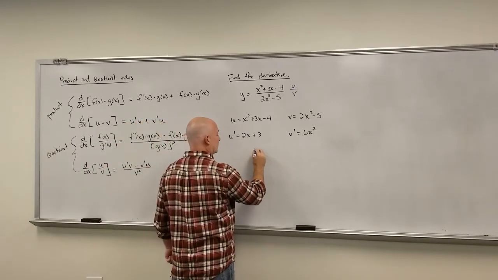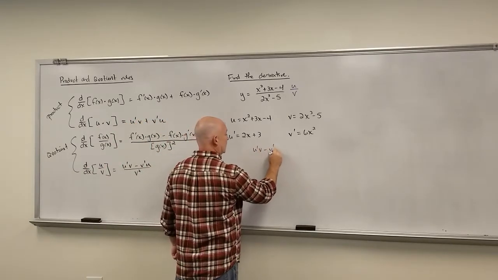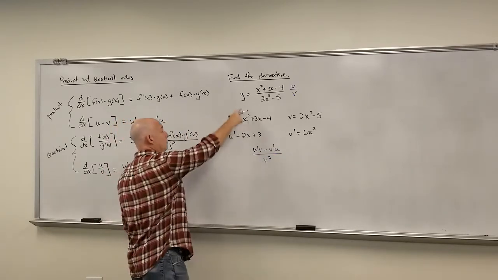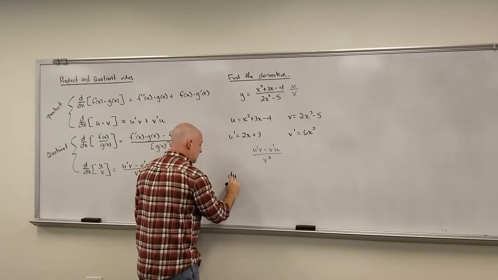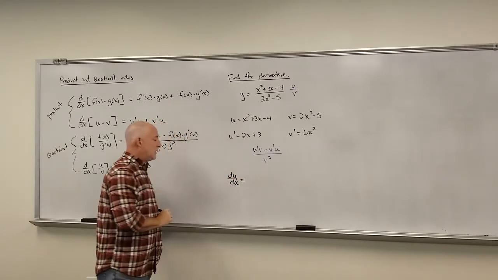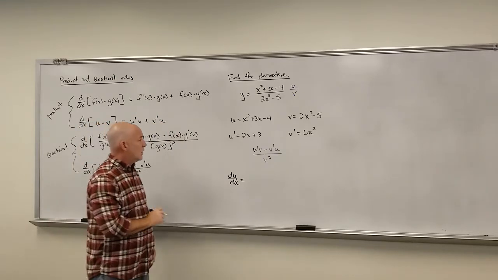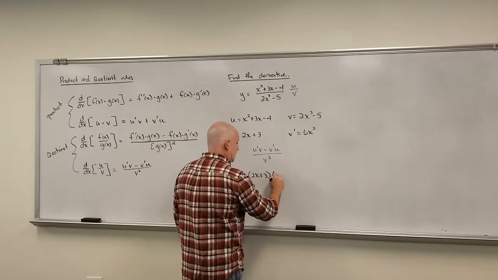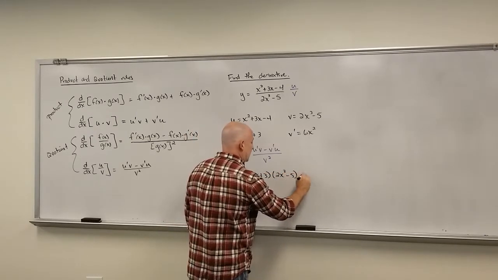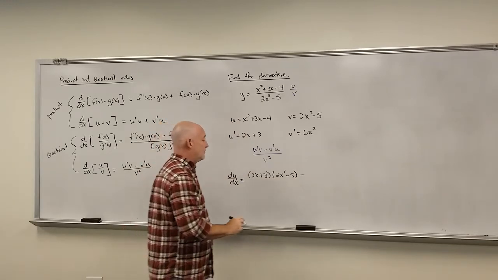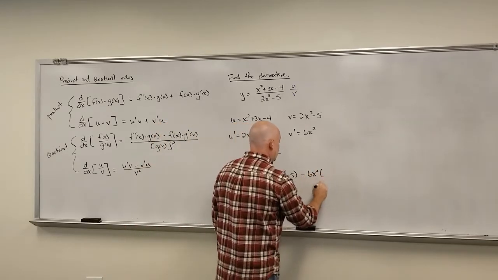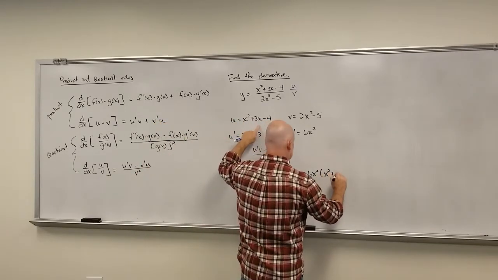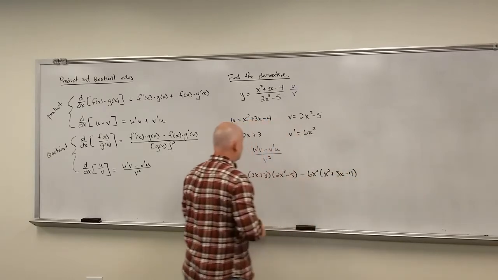Writing down our quotient rule, u prime v minus v prime u all over v squared. So here we go, we got y prime, or again, let's go ahead so we get used to seeing both notations, dy dx, again, if you put y prime there, it's perfectly fine. u prime is 2x plus 3 times v, which is 2x cubed minus 5, minus v prime, 6x squared, times u, which is all this, x squared plus 3x minus 4.